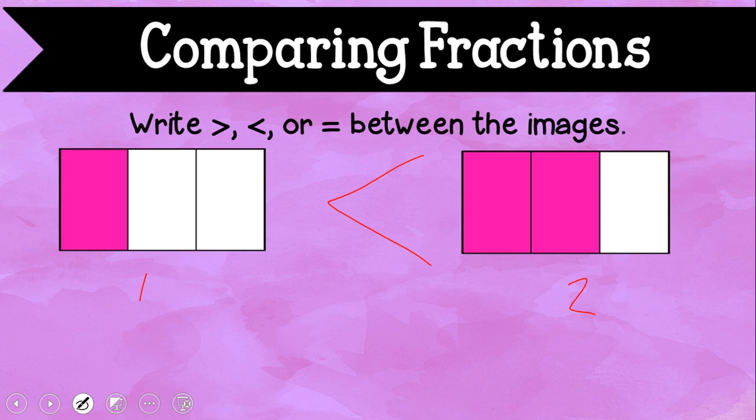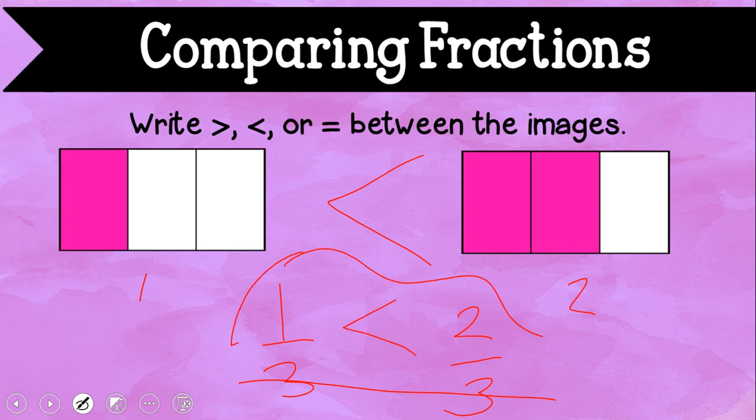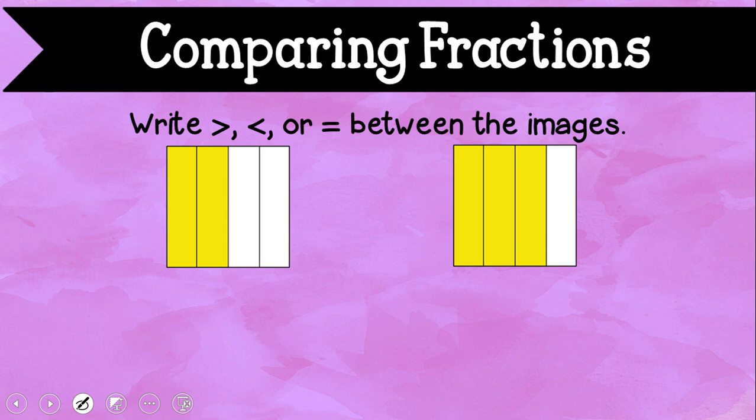So remember, the open mouth goes towards the biggest number. Now, if I wanted to write these as fractions, I would have 1/3 and 2/3. And remember that when we write it with numbers, the denominators are the same. So we're just comparing the 2 numbers at the top, okay? And we know that the 2 is bigger than the 1.